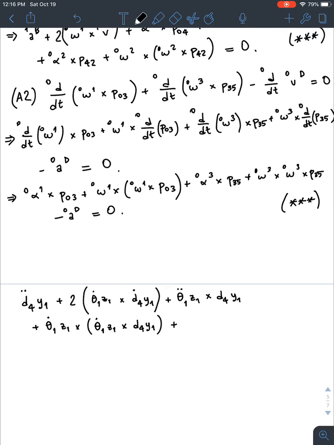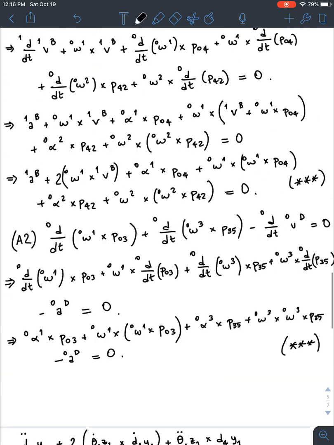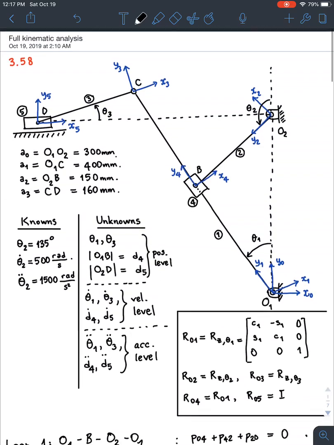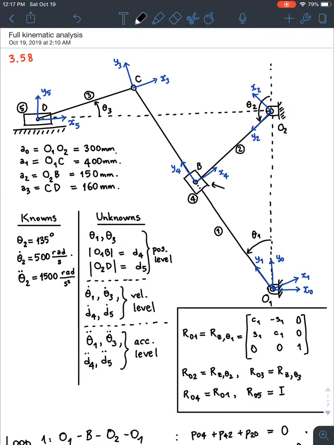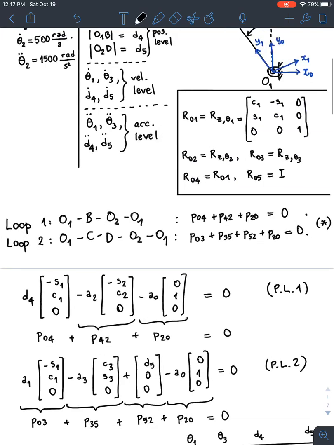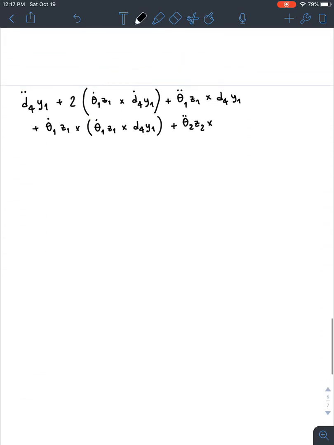Angular acceleration of 2 in 0 is going to be theta 2 double dot in the z2 direction, cross p42. What was p42? p42 was, if I recall, negative a2 in the y2 direction. Let's recall that. p42 is the vector that goes from the origin of the fourth frame to the origin of the second frame, right? And that vector is in the negative y2 direction. And the amount we have to go is equal to a2. So indeed, it's going to be negative a2.